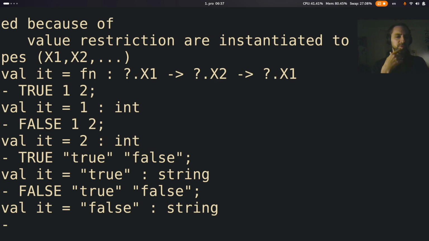But we have to give it two arguments. This would be a function that would take one argument and give out another function that gives the opposite. How would you define not?